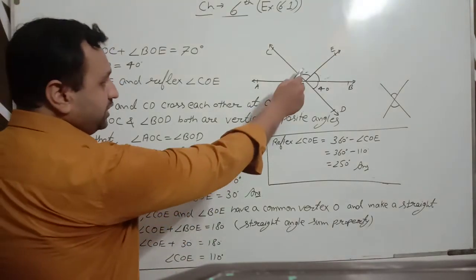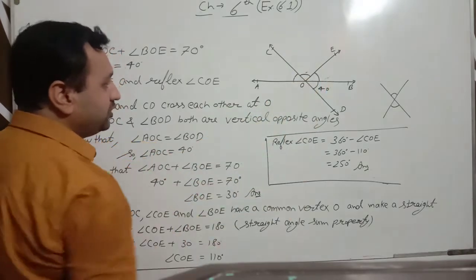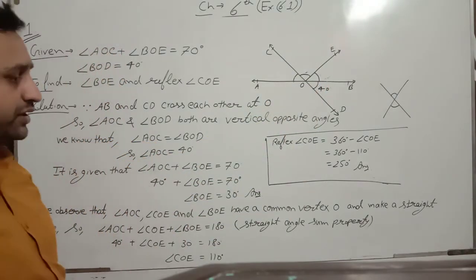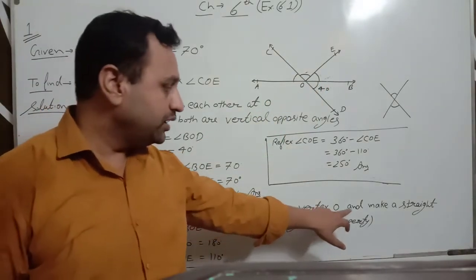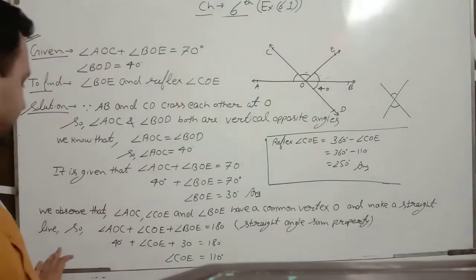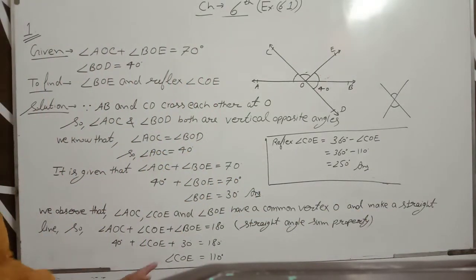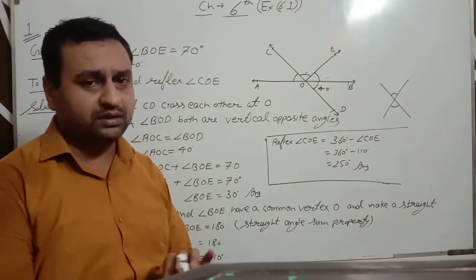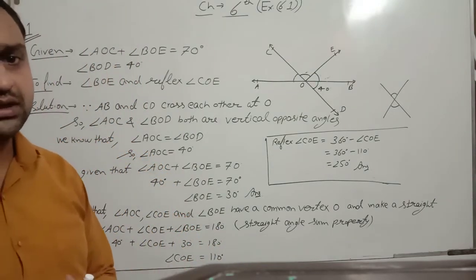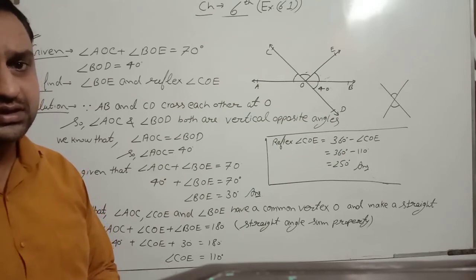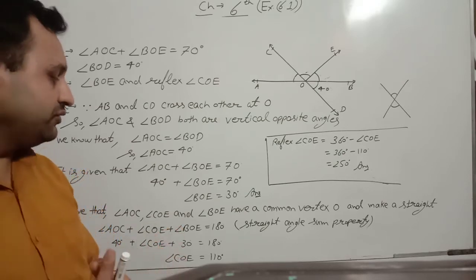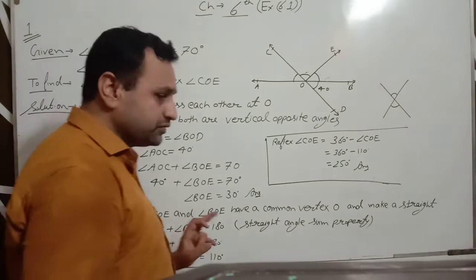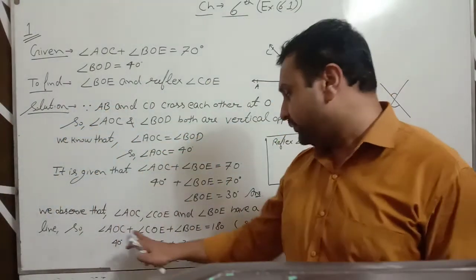Now we observe that angle AOC, angle COE and angle BOE have a common vertex O and make a straight line. Remember, if three or more angles have a common vertex and together make a straight line, these are called straight angles, and the sum of these angles is 180 degrees. So the sum of these three angles is 180 degrees.